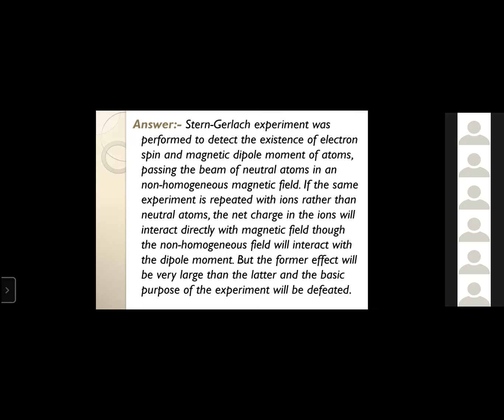If the same experiment is repeated with ions rather than neutral atoms, the net charge in the ions will interact directly with the magnetic field, though the non-homogeneous field will interact with the dipole moment. But the former effect will be very large compared to the latter, and the basic purpose of the experiment will be defeated.